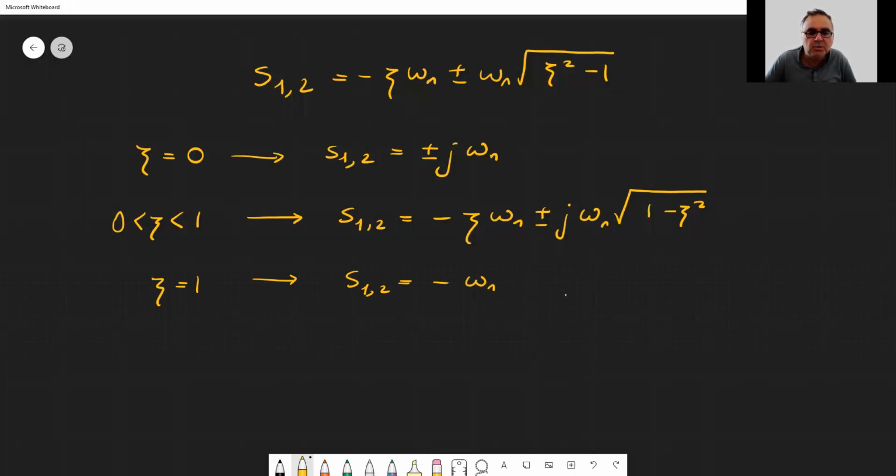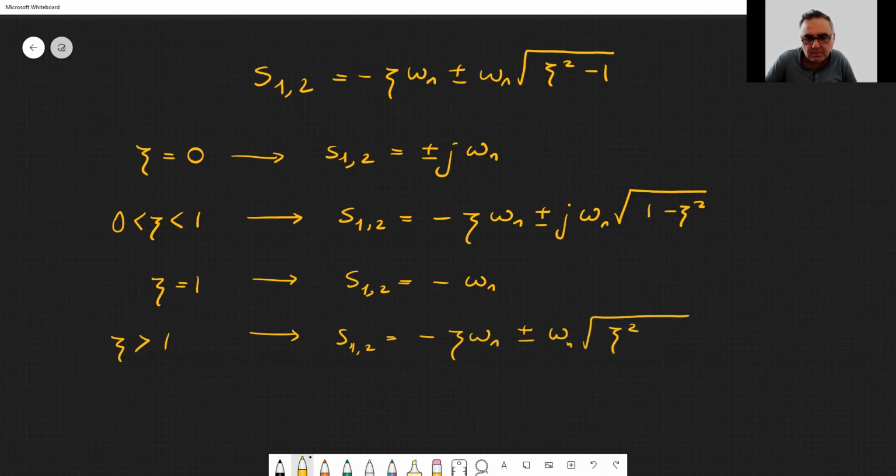So you have repeated poles, okay? Two of the poles are at the same place. And if zeta is greater than 1, you have the same thing we have over here, s1,2 equals minus zeta omega n plus minus omega n root zeta squared minus 1. So this is purely imaginary. This is complex. This is repeated, and this is real.